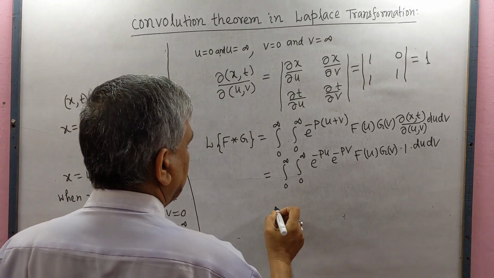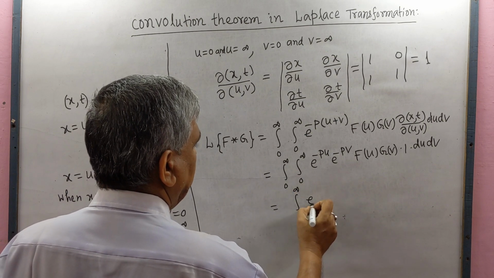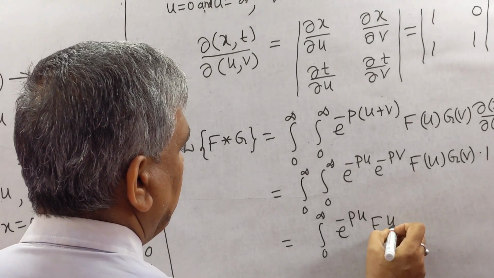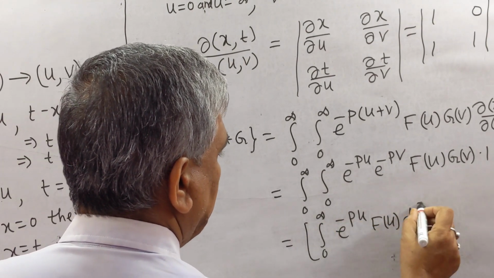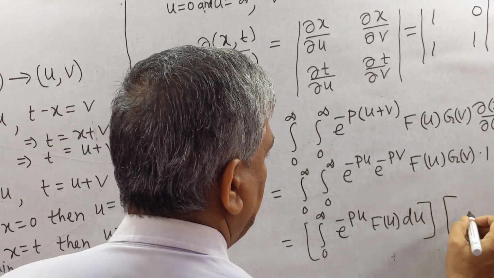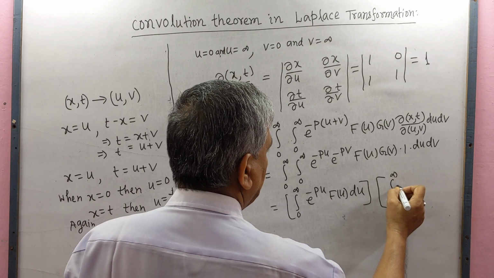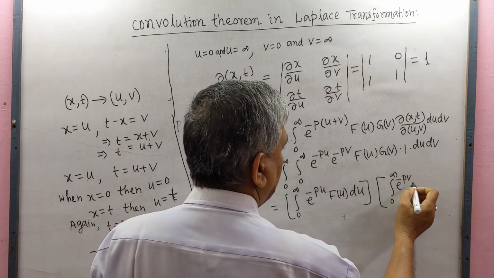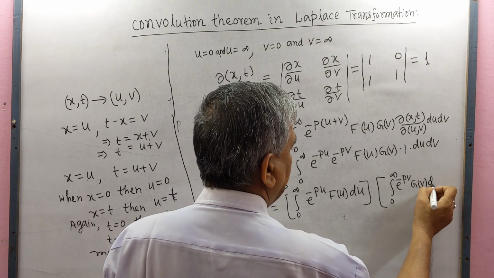Equal to the integral from 0 to infinity of e to the power minus pu, f u, du, and again the integral from 0 to infinity of e to the power minus pv, g v, dv.